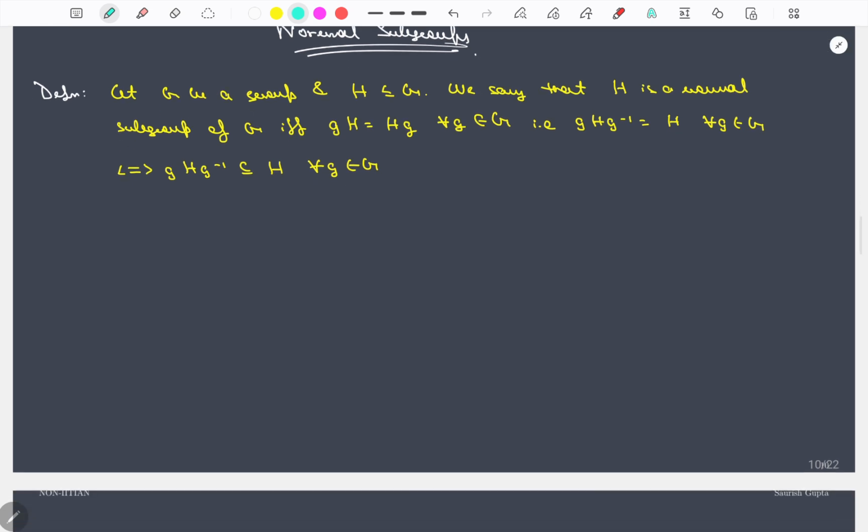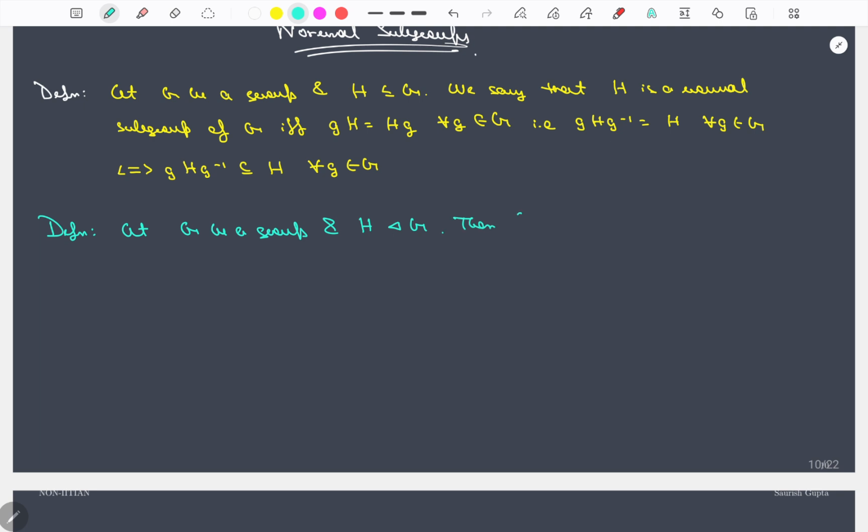And why is it important? This is the reason why normal subgroups are important: let G be a group and H be a normal subgroup of G. This is the way we denote normal subgroups.